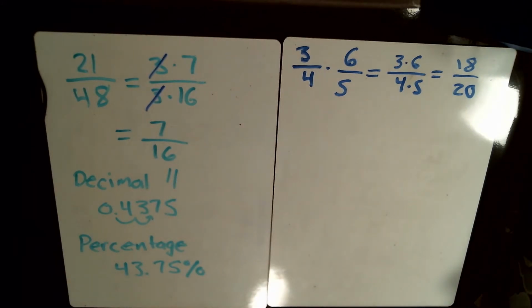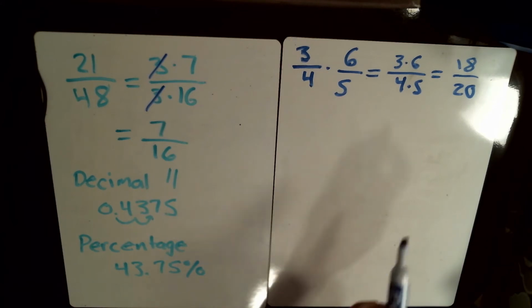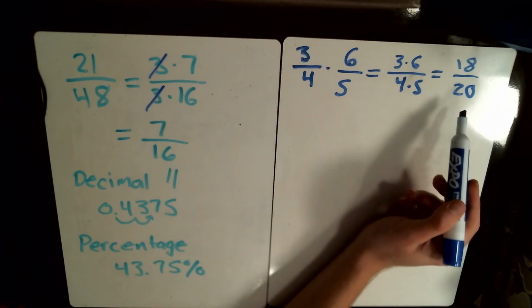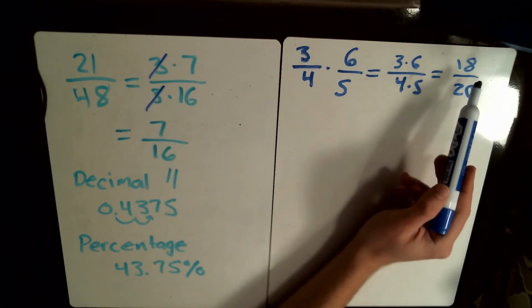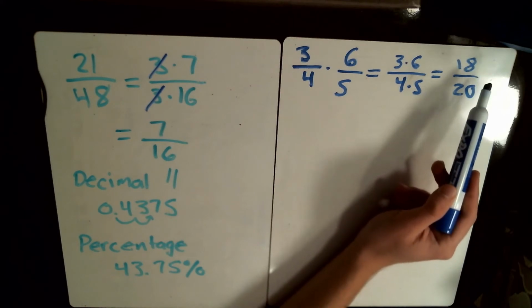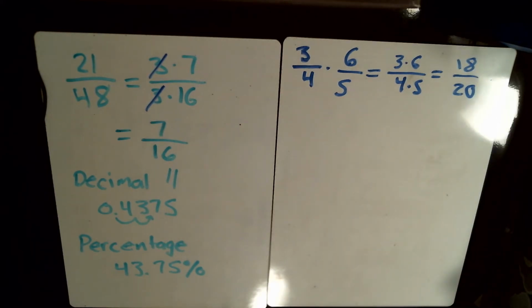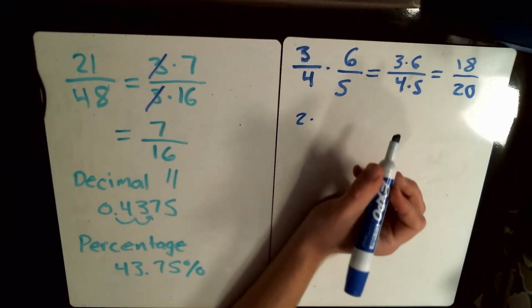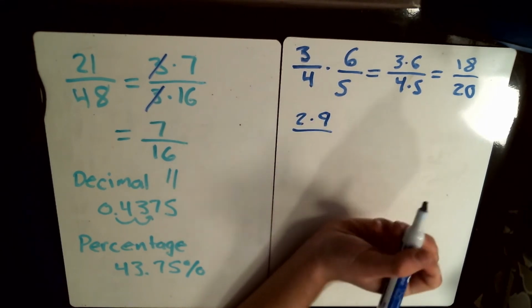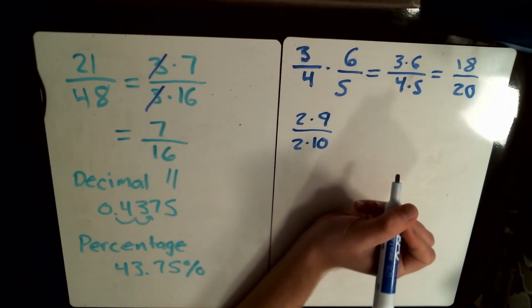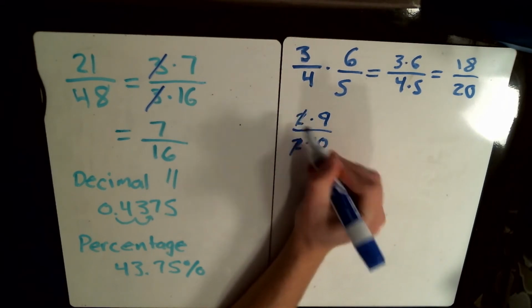Okay, so this is technically the right answer, but what we should do with this now is try and simplify it, right? So common factors between 18 and 20. Well, I know 2 goes into both of them. They're both even numbers, so let's start by simplifying that. 2 times 9 is 18. 2 times 10 is 20, so we can cancel out the 2's.